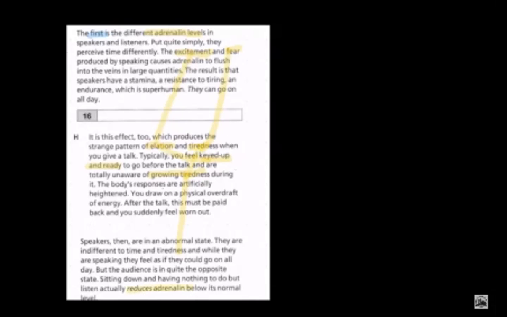So let me just read that more carefully. This effect is, I think, the adrenaline. Yeah, I like that.